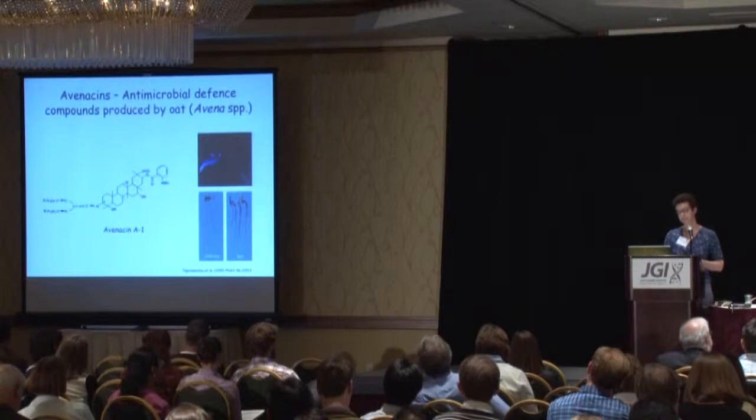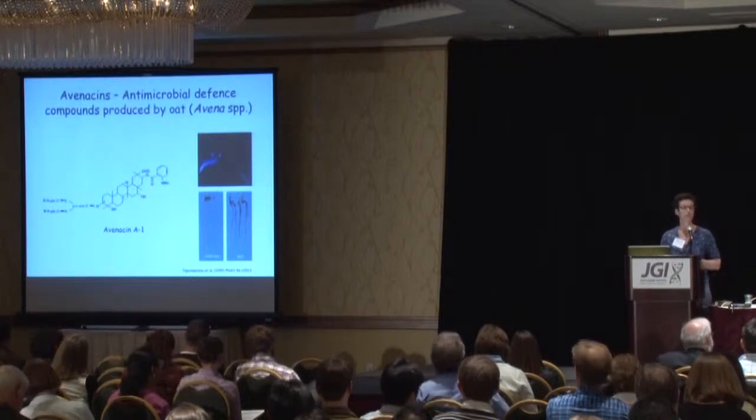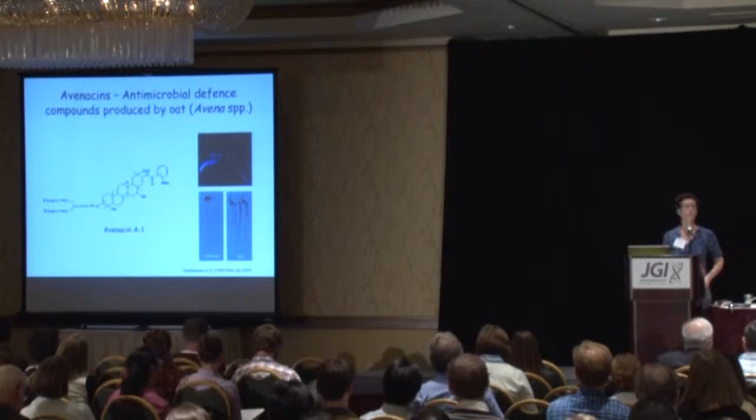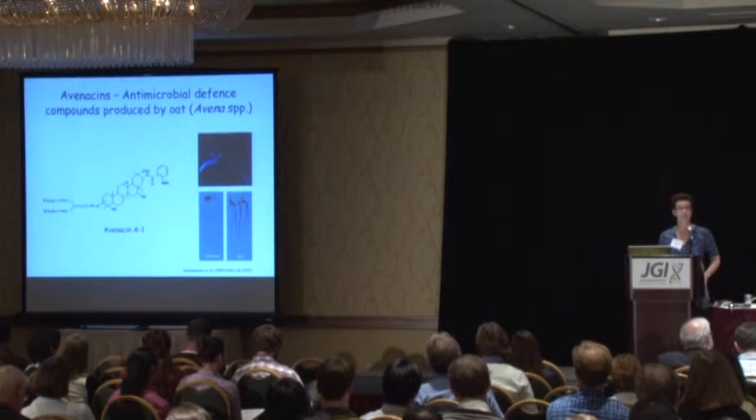So we could set up a screen. We used a chemical mutagen. We screened diploid oat, because I can't do hexaploid genetics and struggle with diploid. And because it was such a sensitive screen, we got nearly 100 mutants in the pathway for the synthesis of this hideously complicated molecule.